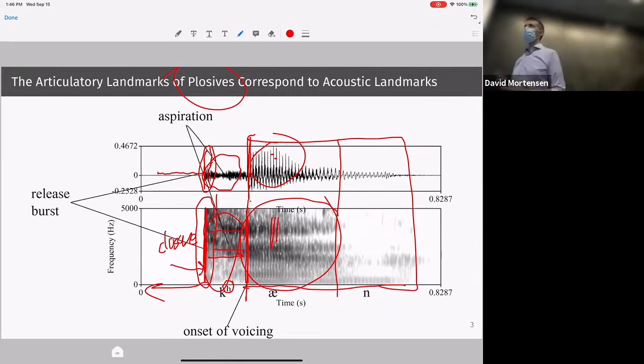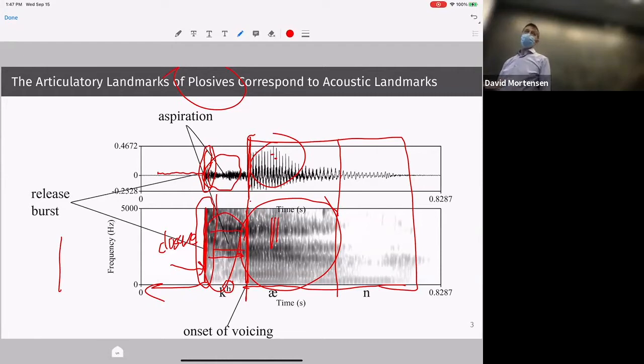So for me, most of the time when I would produce it at the end of a word or at the end of a sentence, it would not be released. It would not have a release at all. So you could only detect the K acoustically by looking at the formant transitions, the changes in the formant leading up to it, and then seeing the sharp cutoff from the closure.